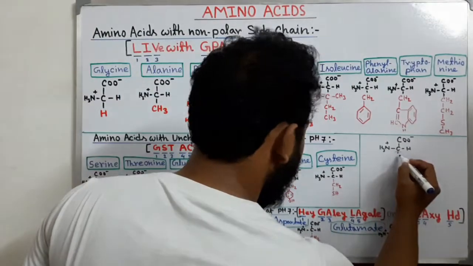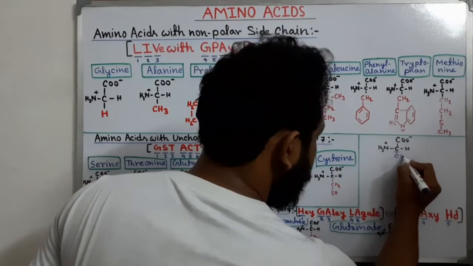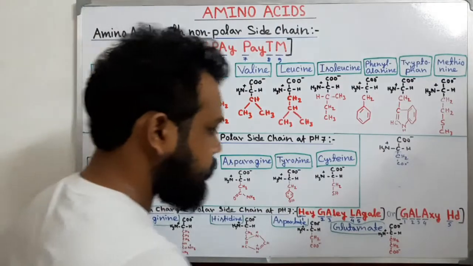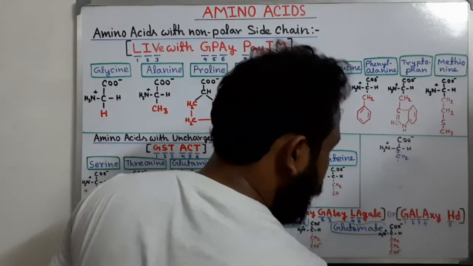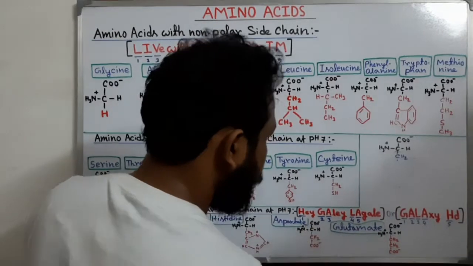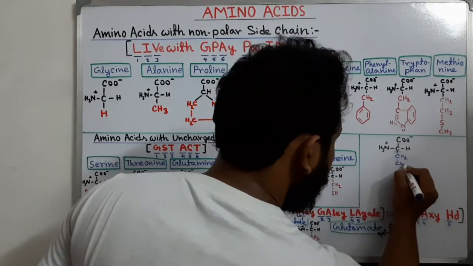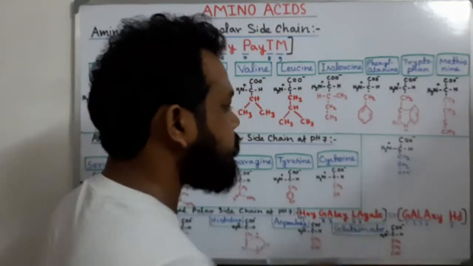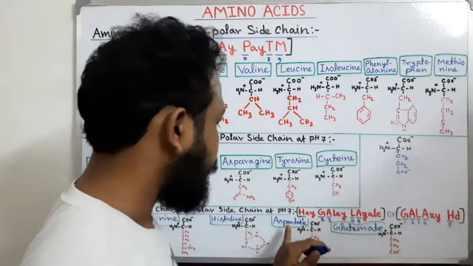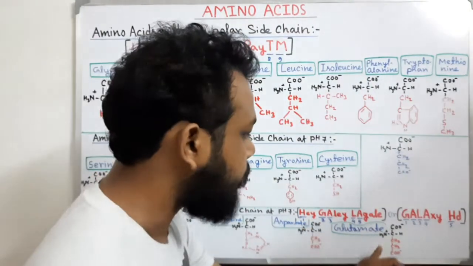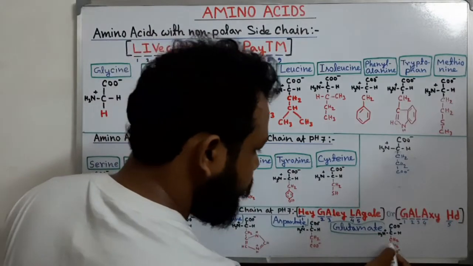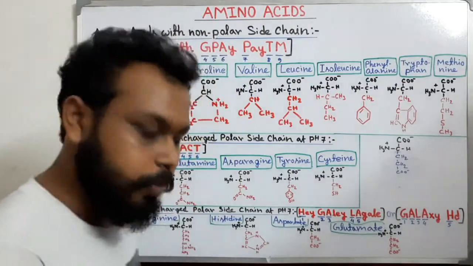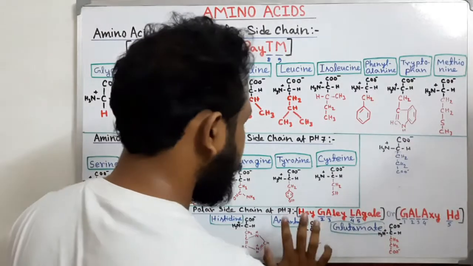If we draw aspartate like this, CH2, C minus, and incorporate one extra CH2 group, it will make glutamate. So this is the difference between aspartate and glutamate.